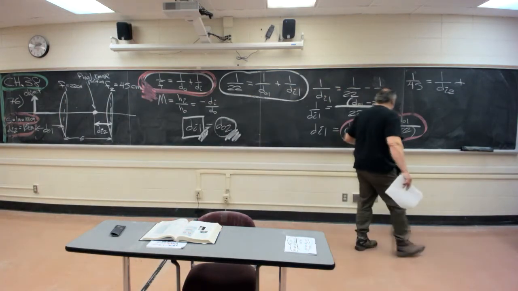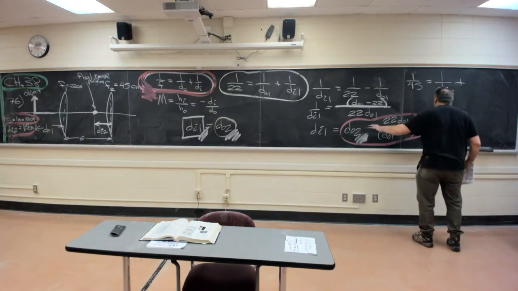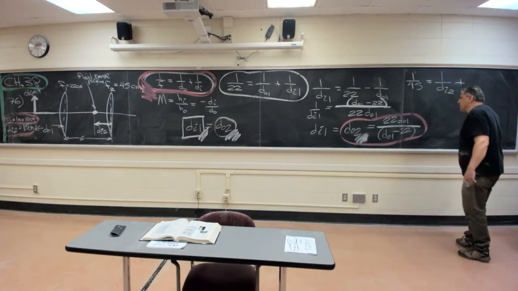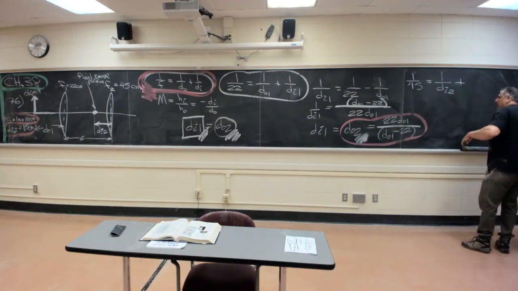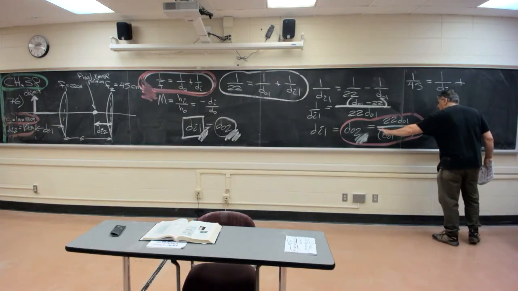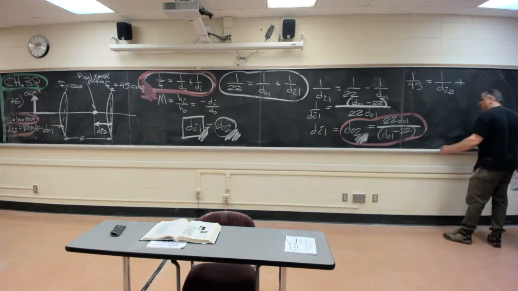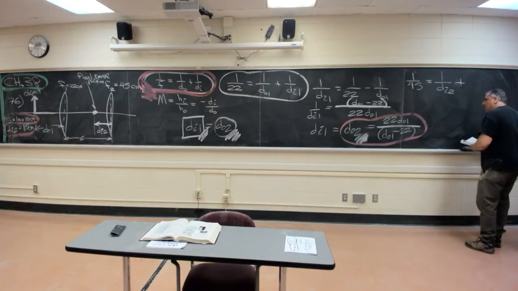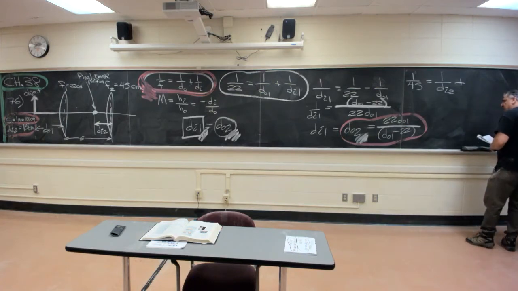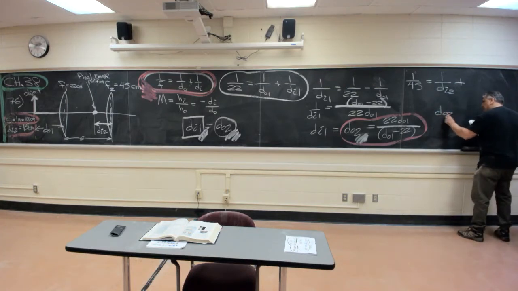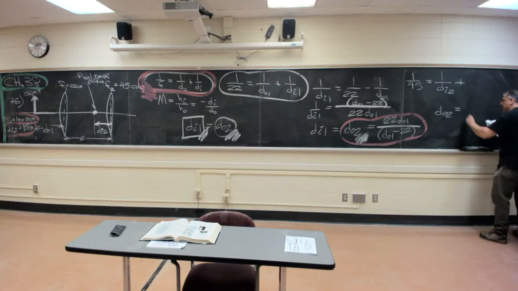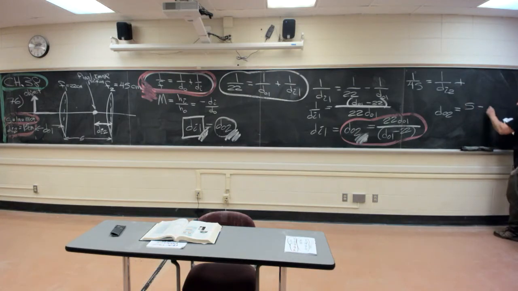So in relation to the first lens, this is true. But in relation to the second lens, for you to make it happen, you need do2 to be s minus d_i1, that is, s minus di1, do1 over do1 minus f1.